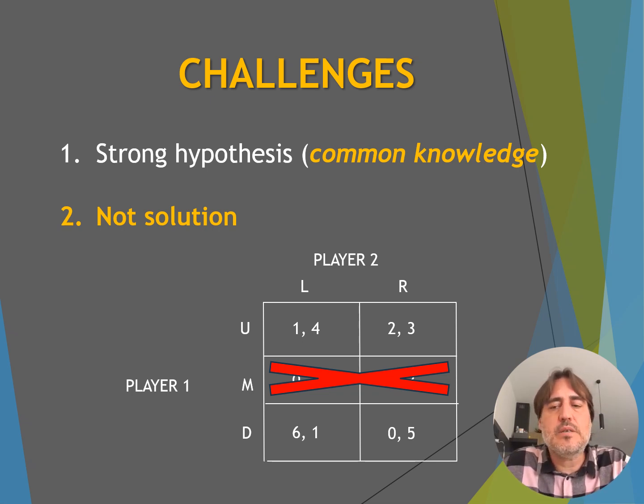Indeed, in many cases, no dominated strategies exist, as in the Battle of the Sexes, for example, or they are not enough to reach a unique prediction because after eliminating all dominated strategies, more than one combination of strategies remains for each player. That is why in later videos we will discuss other ways to predict a game's outcome and introduce, for example, the concept of Nash equilibrium in both pure and mixed strategies.